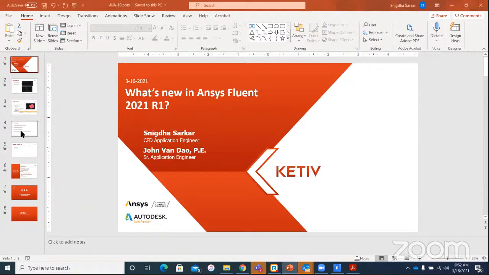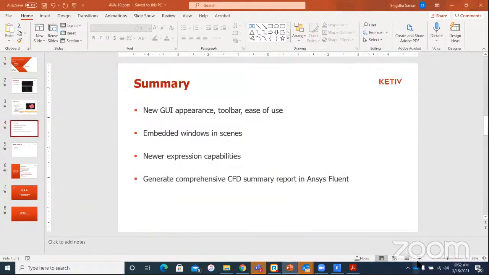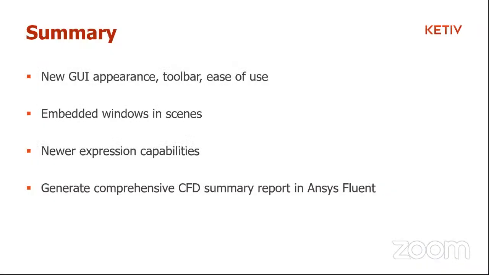But if we don't have any more questions, let me just quickly summarize today's session. What we learned is that 2021 R1 has a new GUI, new functionalities in the toolbar. We can now embed report and results windows within animation scenes. I didn't get to talk about the expression part. That was another thing that I wanted to cover.